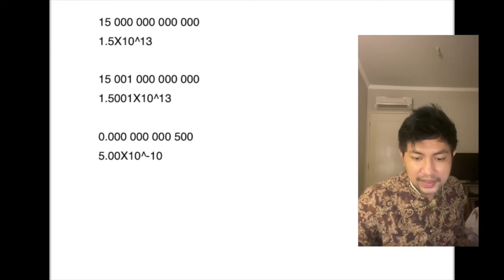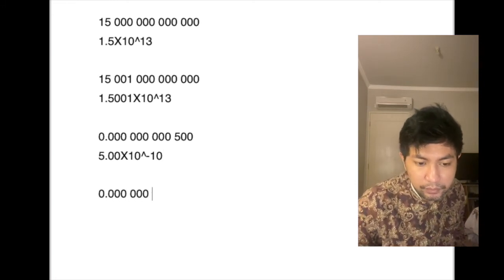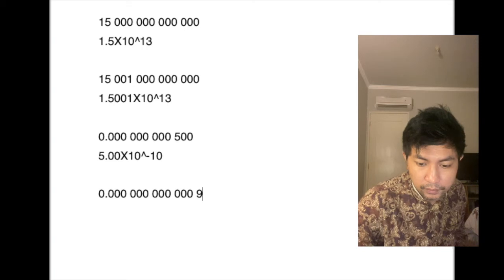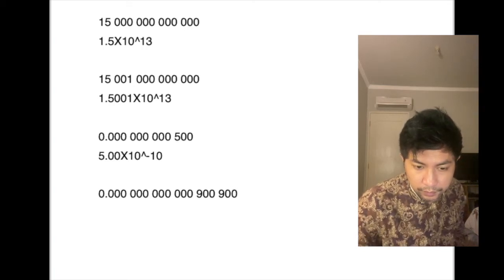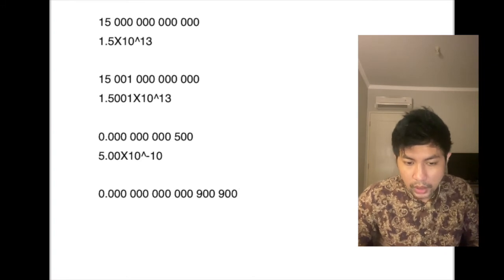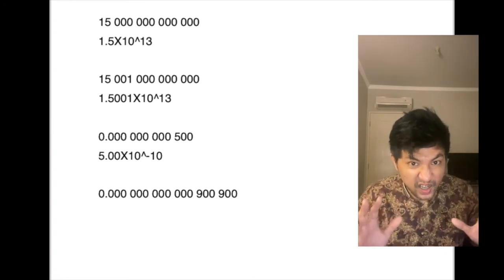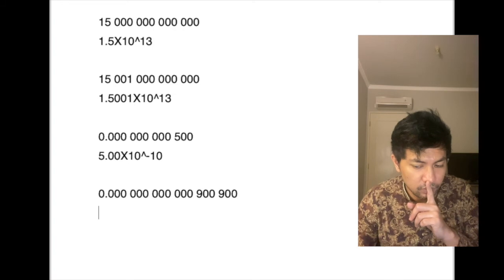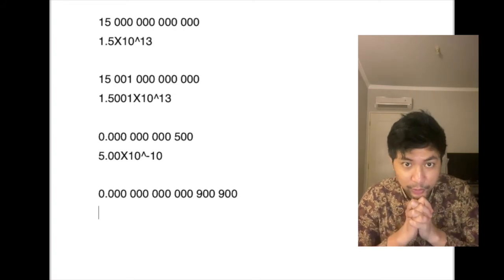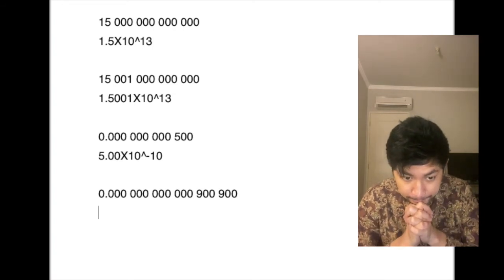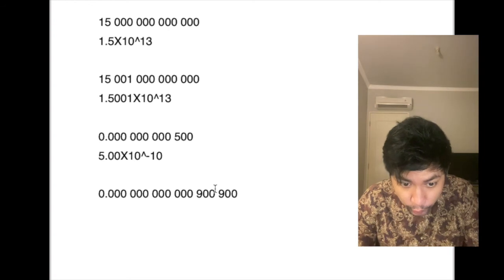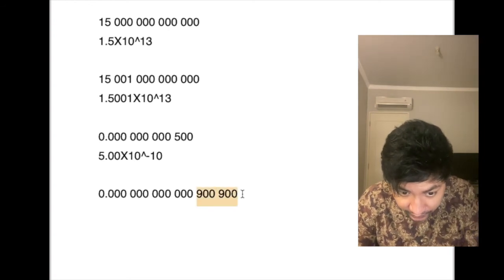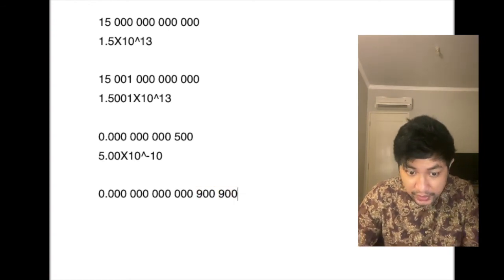Let's have one last one and try this. How are we going to write this? Try to guess first. I'll give you a few seconds to think. All right, so know what you should put in the mantissa. These 6 numbers.